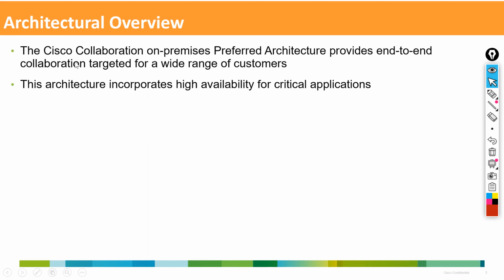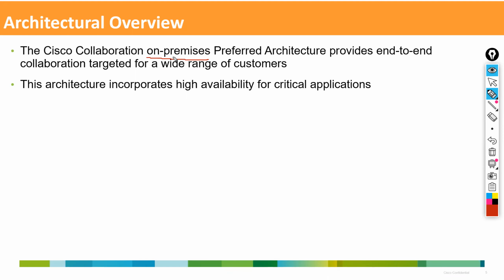Okay. Sorry, guys. The Cisco collaboration on premises. Can you see here? There is a word on premises. Any idea what this on premises is? Now we have the cloud concept, right? On premises means whatever infrastructure you have, the components or devices, are placed in the customer office.